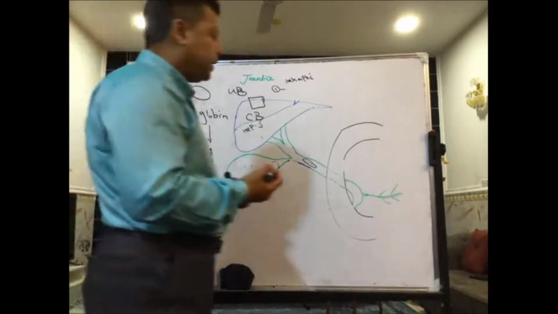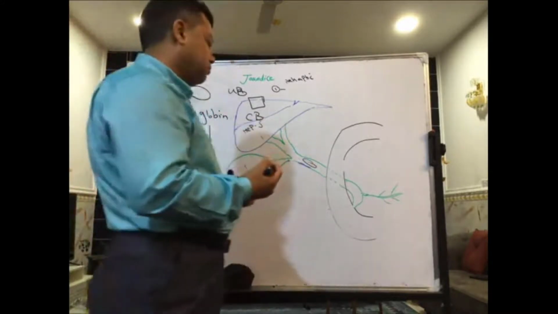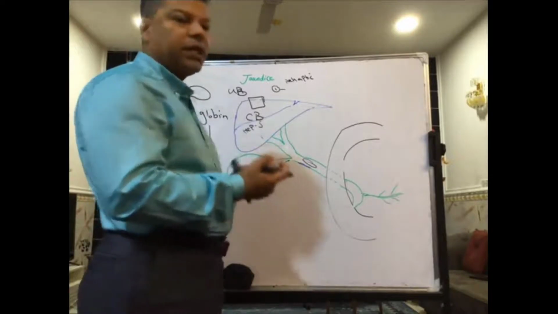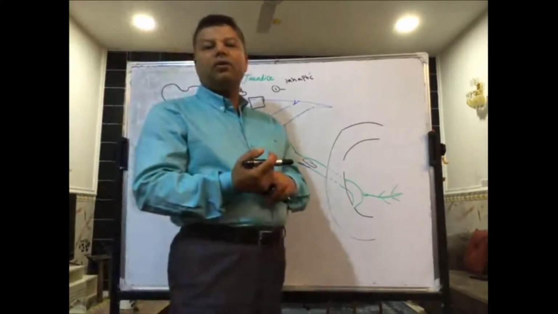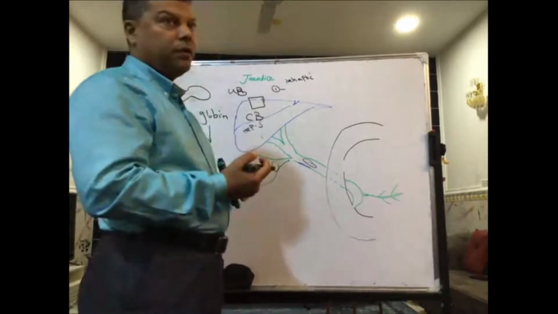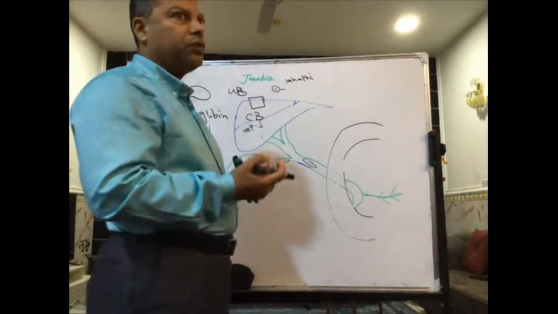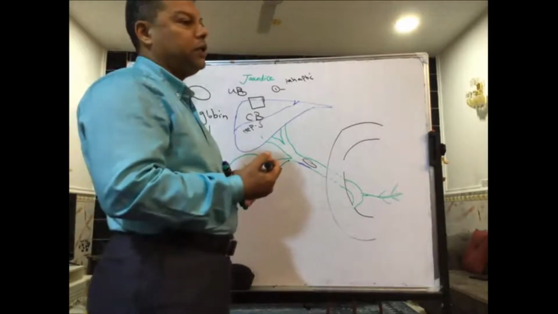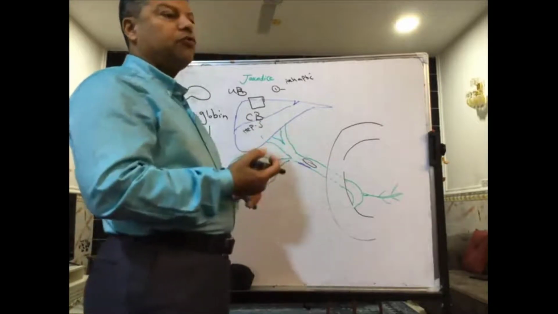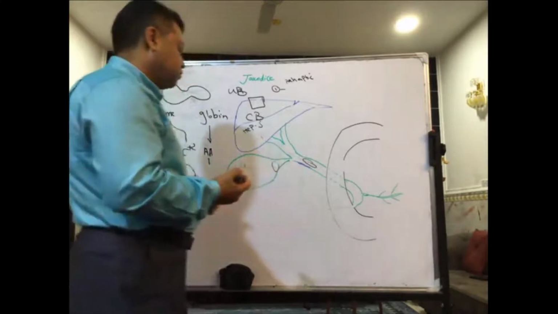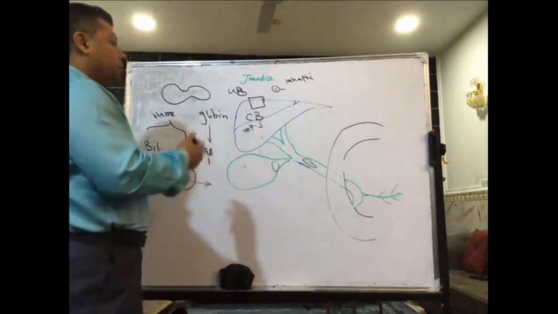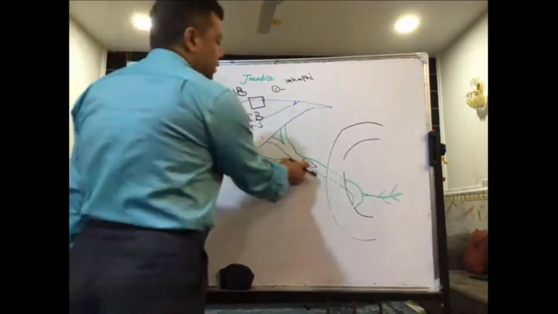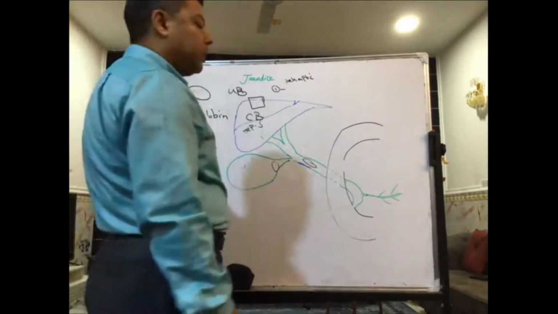Painful or painless, presence of yellowish discoloration of urine. Dark-colored urine indicates an obstructive type, and the passage of conjugated or direct bilirubin through the kidney due to obstructive type.